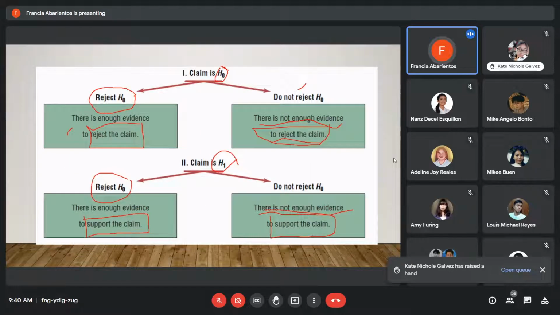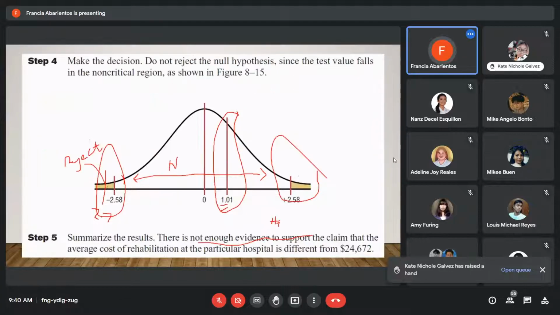Ayan, ito yung ginamit. Tama pa rin siya, class. Okay? So, pag-aralan nyo on how you conclude the given, for example, yan, class.